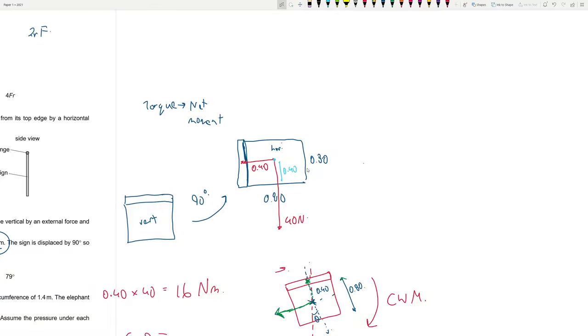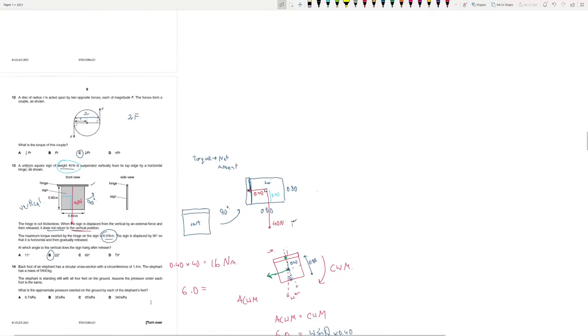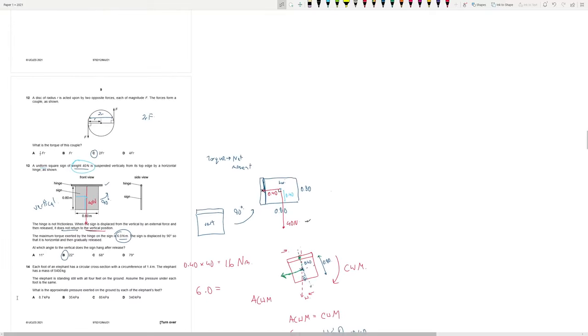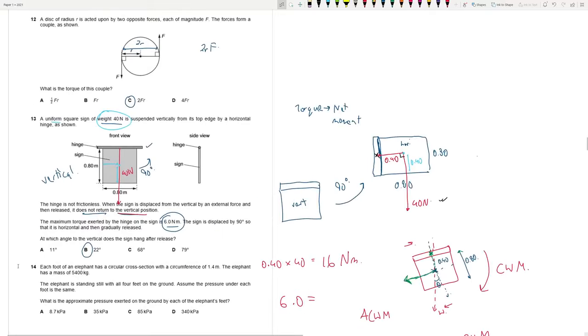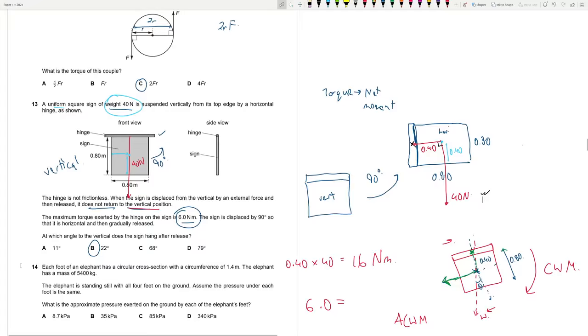Okay, so the pivot will be at the hinge. The perpendicular distance from the pivot is 0.4 meters, and the weight of the sign is 40 newtons. So what's the moment actually? It's going to be 40 times 0.4, 16 Newton meters. That's the moment provided by the weight when the sign is horizontal.